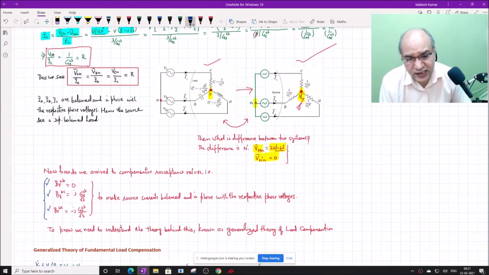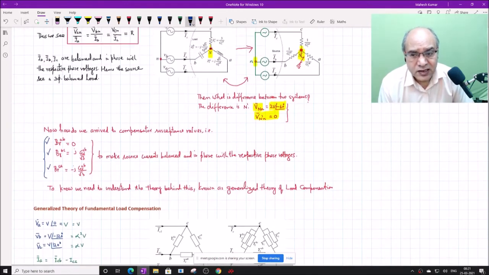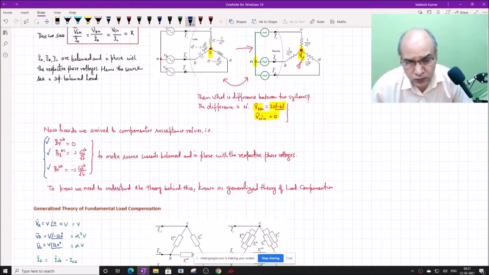Now you may ask, how do you get those values? First I said, let us assume that we know these values from somewhere, and then we realized that yes, it is possible to compensate these unbalanced load currents to a perfectly balanced three-phase system. Now we ask how do we get those values? What is the theory behind these derivations?